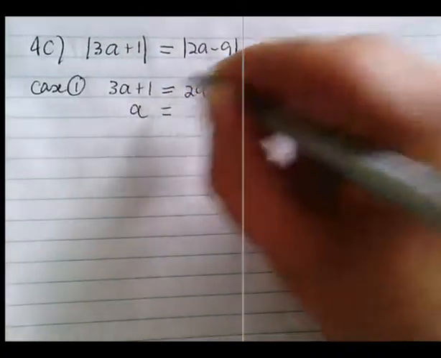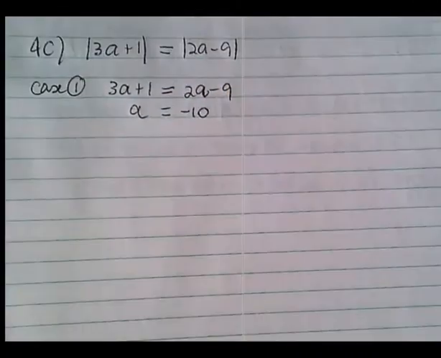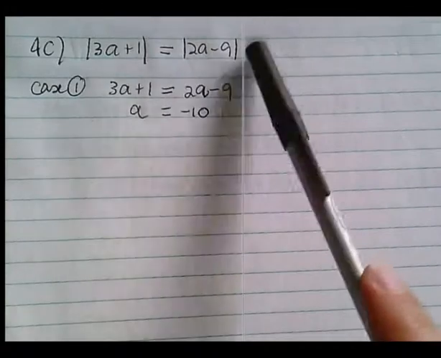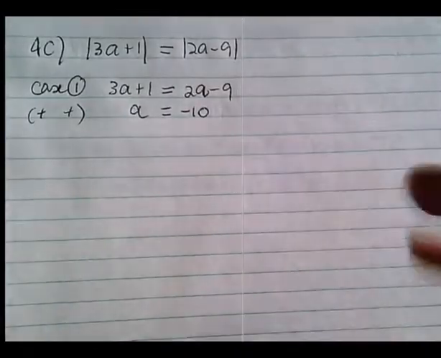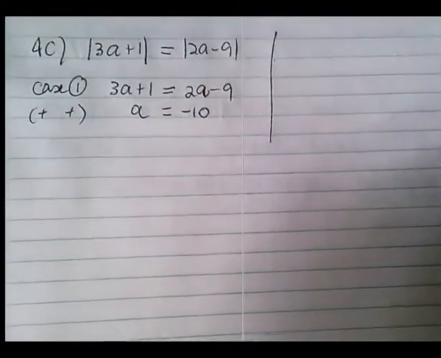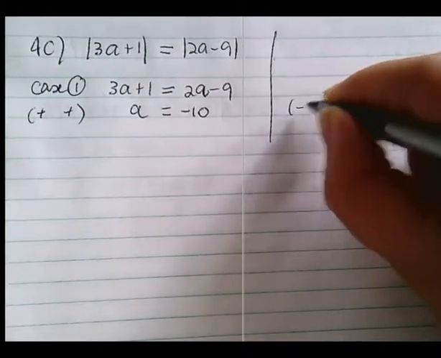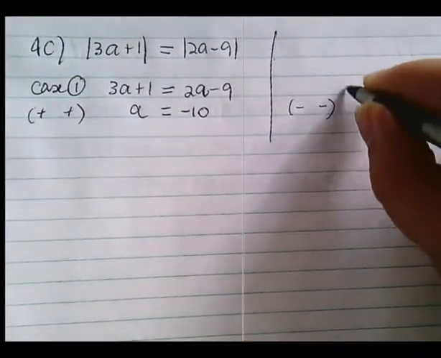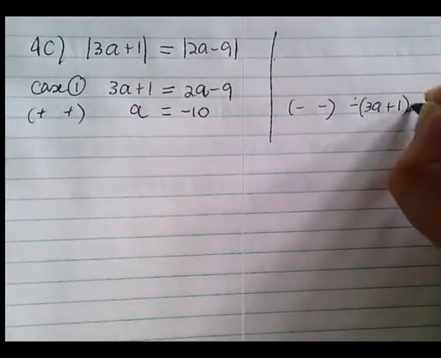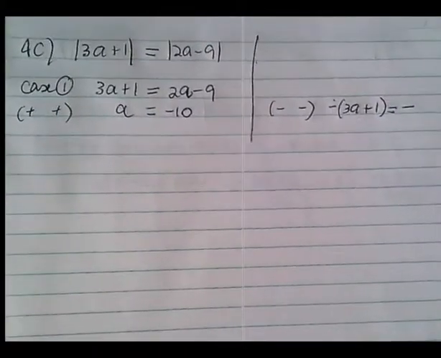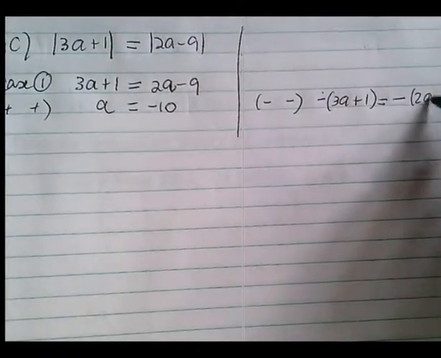And I get that a equals -10. But if I'm going to use this method where they're both positive, I'm just going to show over here that that is exactly the same as doing them both negative, because I could have negative bracket 3a plus 1 equals negative bracket 2a minus 9.